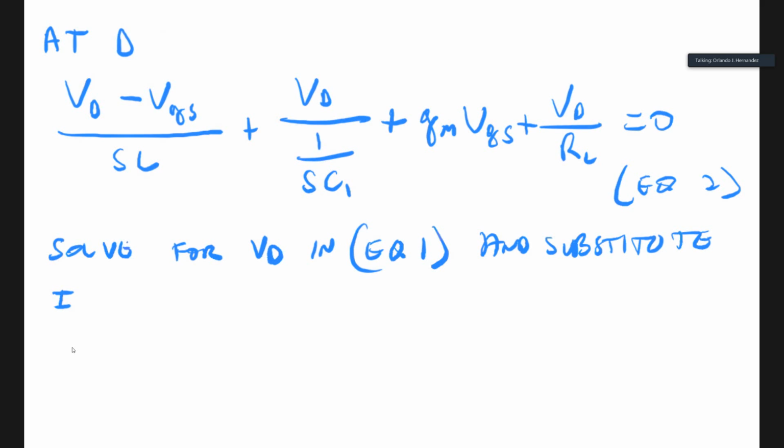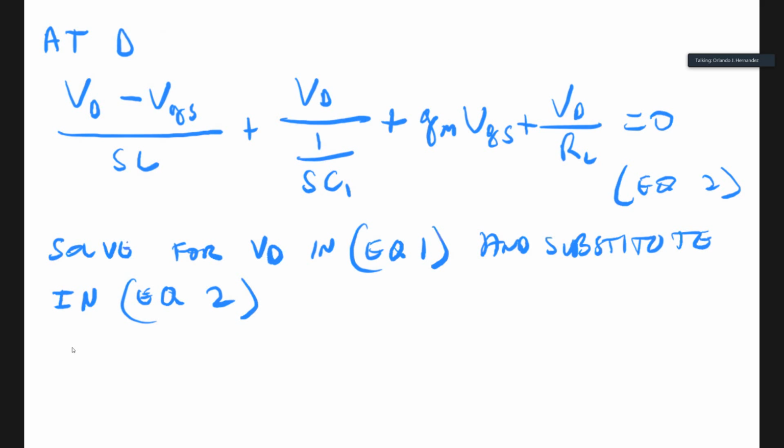So we normally solve first in the simplest equation, in this case equation 1, and substitute in the more complicated one to get rid of, in this case, VD, because we just want to have an equation with what we would consider the input of the amplifier, and this is a common source amplifier. That's why we were able to say that the source was a ground for the small signal model. And the input of a common source amplifier is at the gate, in this case, VGS. So we substitute in equation 2.